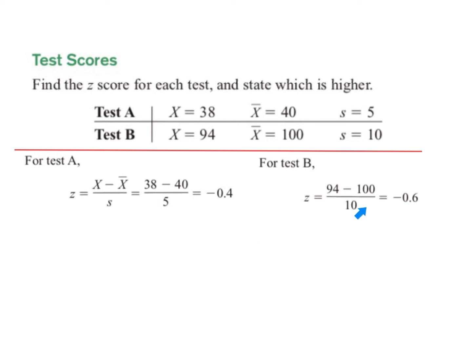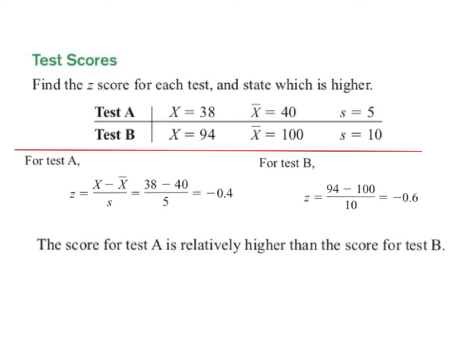Which one of these is higher, test A or test B? Test A, right? Negatives work opposite. This one is further away from the mean, and this one is closer to the mean. So in terms of the number of standard deviations below the mean, test A is closer to the mean, so test A is relatively higher.